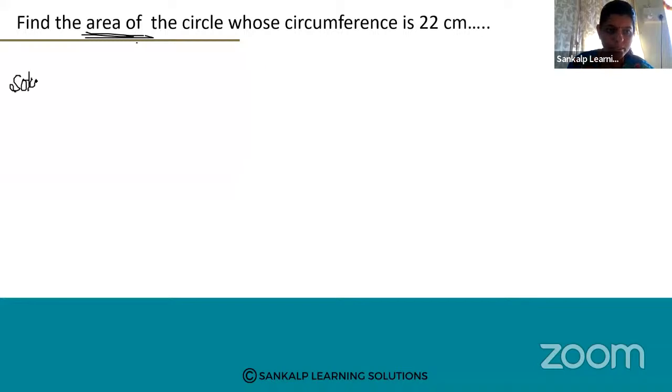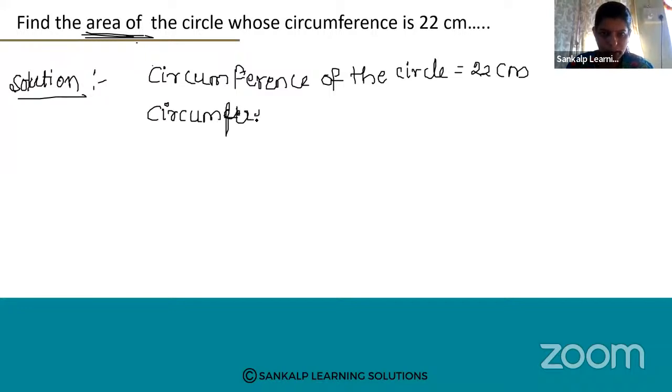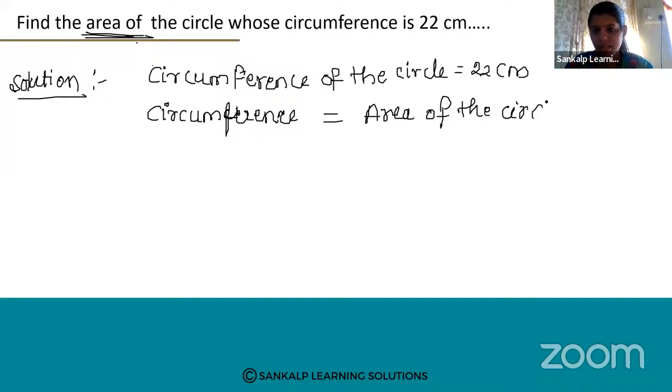Solution. Find the area of the circle. The circumference they have given, that is the circumference of the circle, is 22 centimeter. So we need to find out the area.